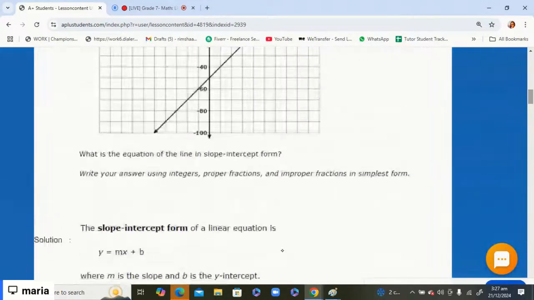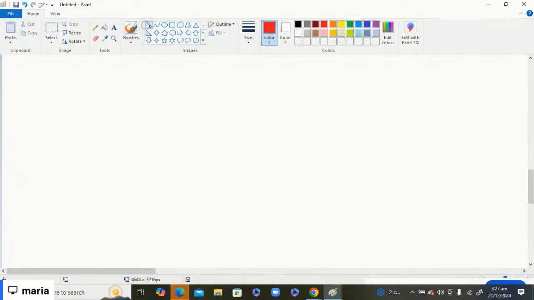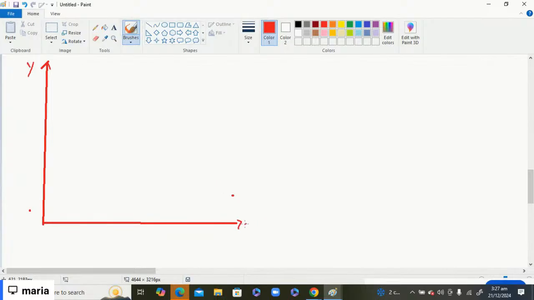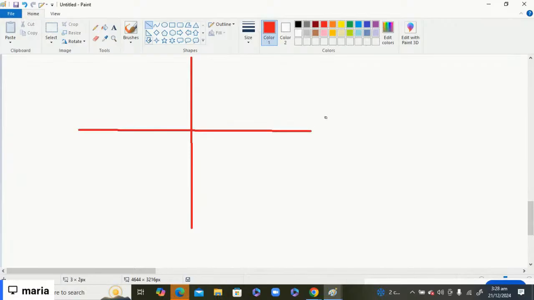Let's solve this one. For example, let's draw the full graph: positive x, negative x, positive y, and negative y, and this is your 0.